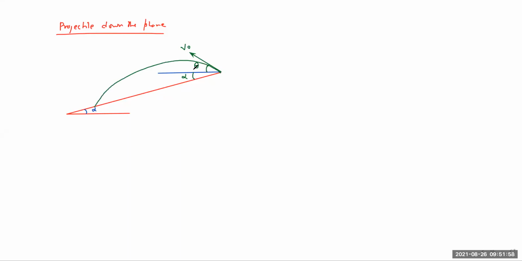So now my question is the same. Can you find the time of flight, range, and so on? Of course you can. The only difference is you have to choose two axes. One is vertical and horizontal, which you always do, and the other you choose as down the plane.